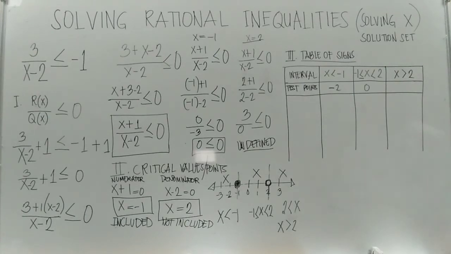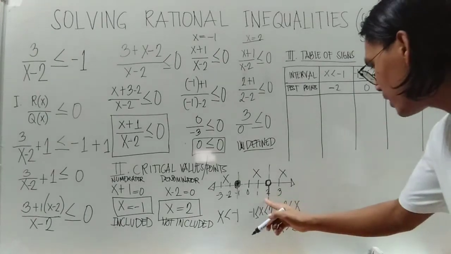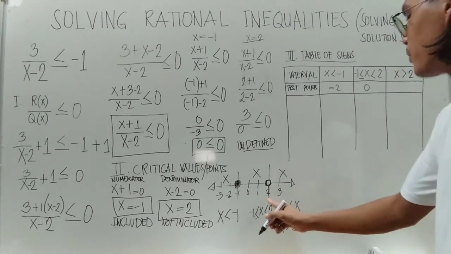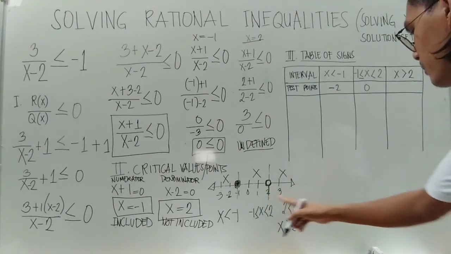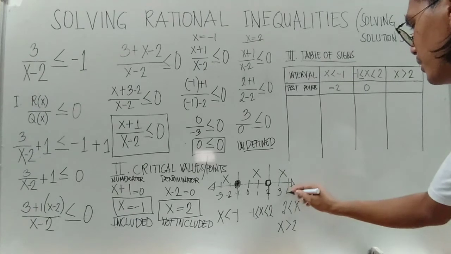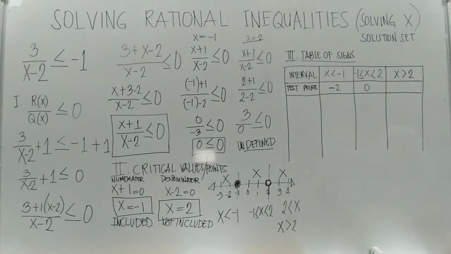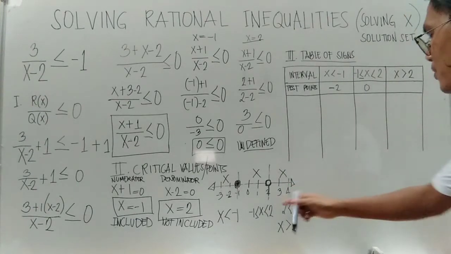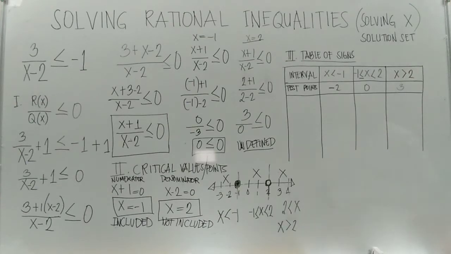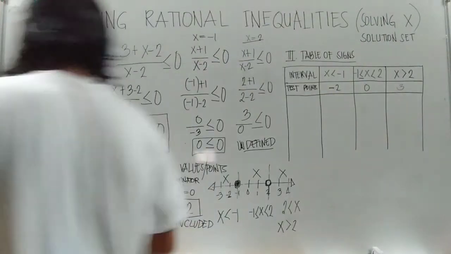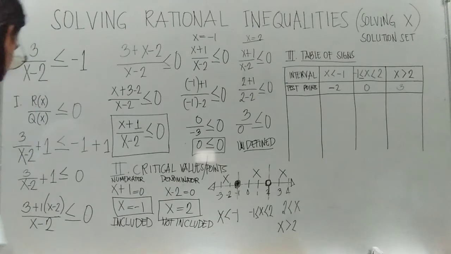Okay? Then, what are the numbers on the right side of your number 2? So you can use 3, you can use 4, 5, and so on. But again, we will use number 3, the closest and the smallest value possible. Okay? Now let us continue.